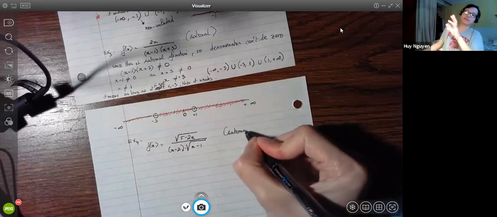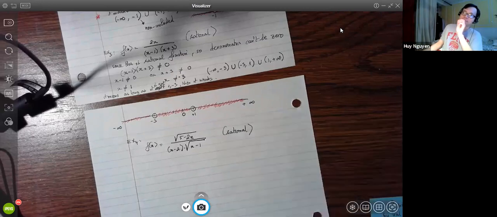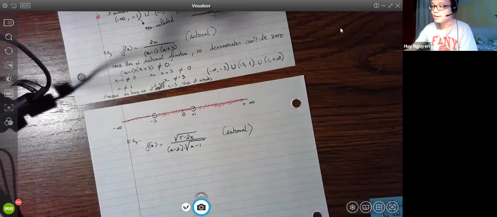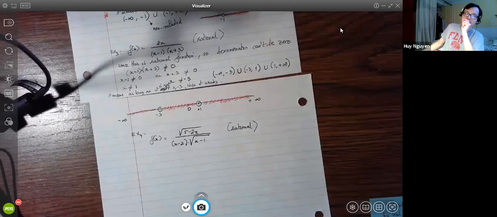But this rational function is very different from the second and the third example, because here the numerator is a radical, and the denominator also contains a radical. So it's more complicated, and because it's more complicated, we have to think more.